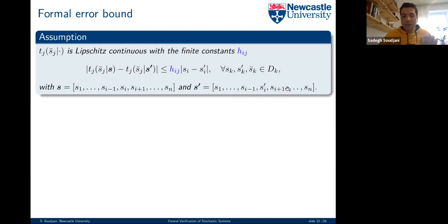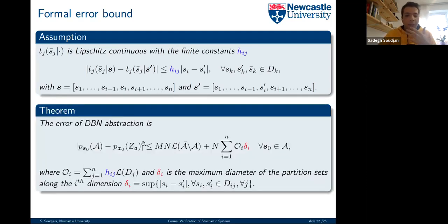Then we get a bound on the changes in this density function, and the constant is denoted by Hij, where i is related to the coordinate I'm changing, and j is related to the index of the density function. With such a continuity assumption, we can quantify the error, which gives a bound on the difference between the safety probability on the original model and the safety probability computed over the discrete DBN.